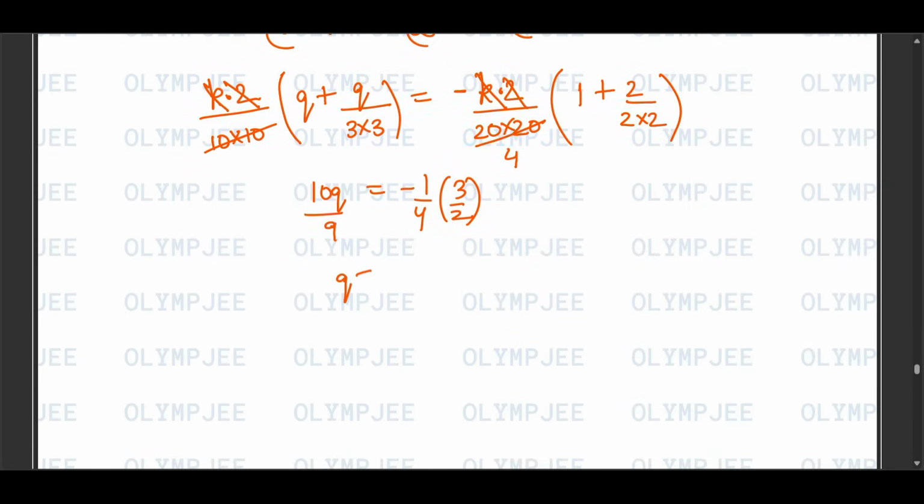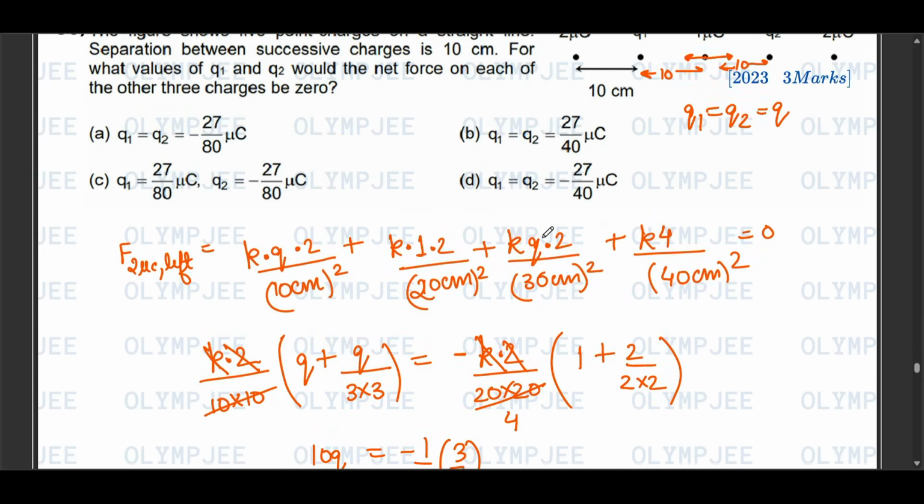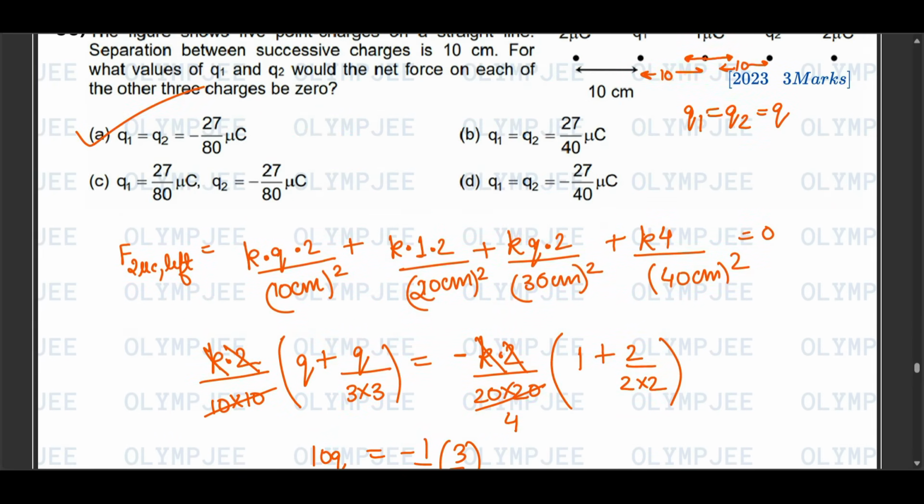So q will be equal to minus 9 by 10 multiplied by 1 by 4 multiplied by 3 by 2, which is minus 27 divided by 80 μC, since all the charges were in micro. So the answer will be A.